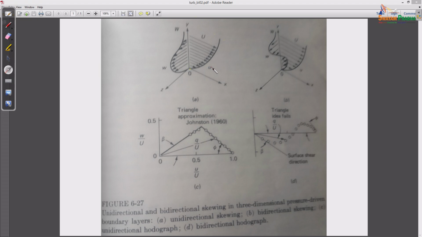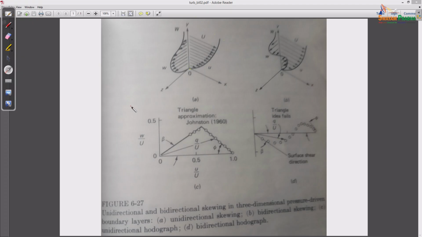Then if you look at just the z and y axes, you see the velocity profile of w, but this shape is different from this one. That's why we call it skewing. This is the velocity profile for the component w, which is in the z direction.